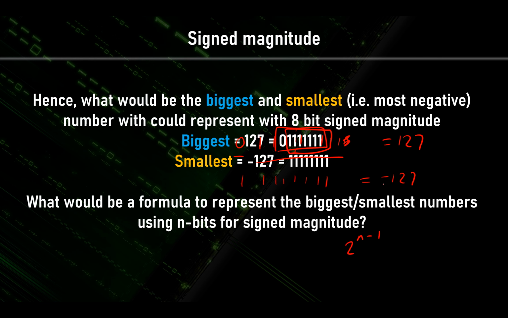But we also have to minus 1 as well, because otherwise it would be 128, but we're only representing 127. So we can basically have this, and then we'll just go plus or minus.